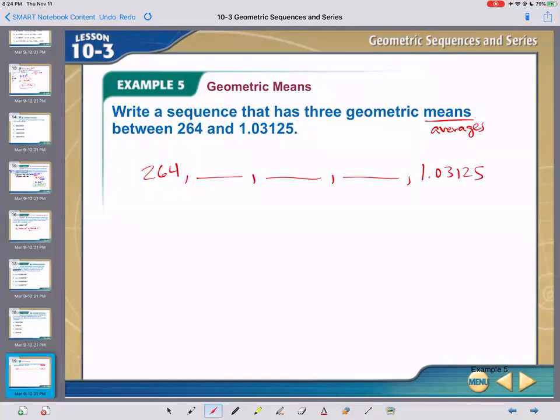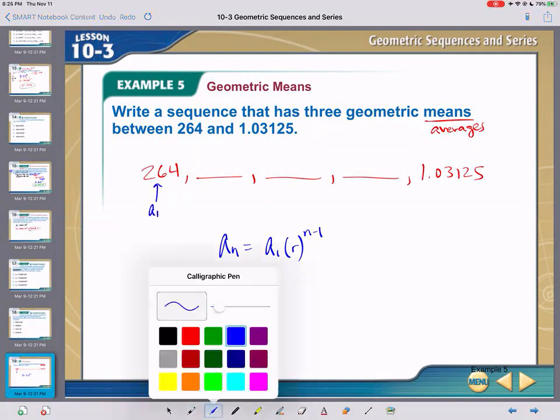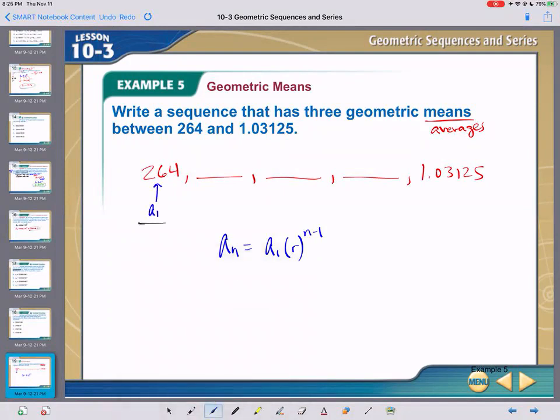To solve this, again, I'm going to use that same formula we've been using all day. An equals A1 times the ratio to the power of n minus 1. Again, that's on your formula chart. That's the nth term for geometric sequences. I want to note that this is A1. And what does that mean for our calculator? If you want to use the calculator, you type that in as AT, the first term. So AT would be 264.